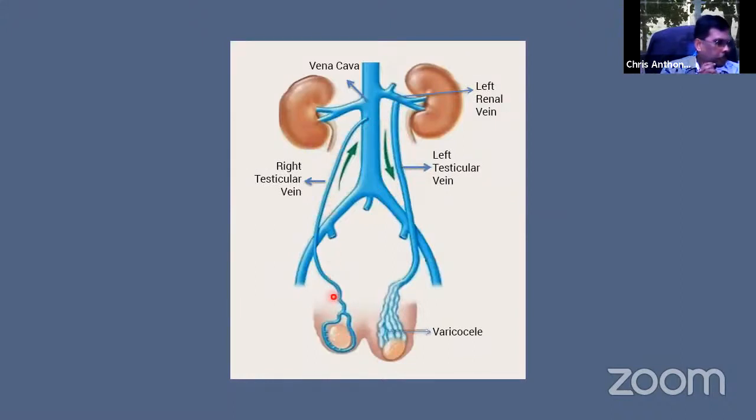On the right side, it drains into the vena cava directly, whereas on the left side, it enters at a right angle to the left renal vein, which carries the blood into the vena cava. This is at a right angle, and as a result, there is some degree of stasis of blood in the left testicular vein, causing a slight dilatation, and explains why varicocele is more often seen on the left side.